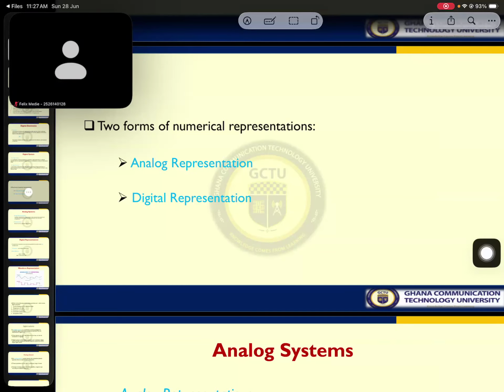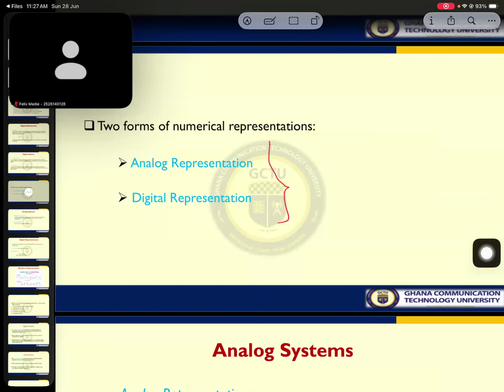So now we look at the difference between analog system and digital system, and also what informed our decision to move toward digital systems. So we are saying that there are two main forms of numerical representation: analog representation and digital representation.